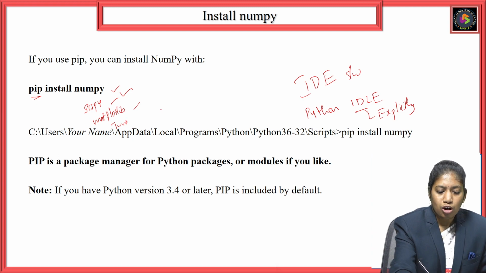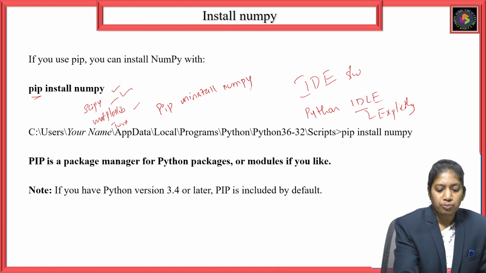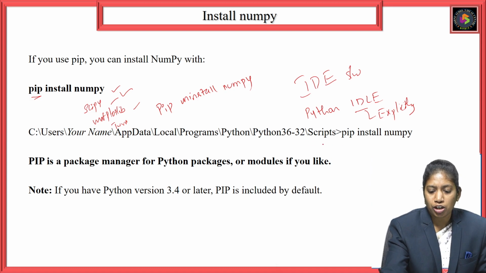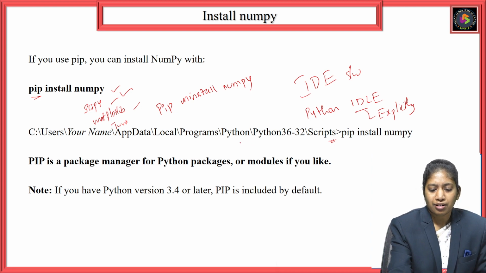To uninstall also we can use pip, like pip uninstall numpy. But this has to be done in the command prompt. Here is the command prompt. We should go to the location of Python. Whenever we install Python, we have a Python folder.